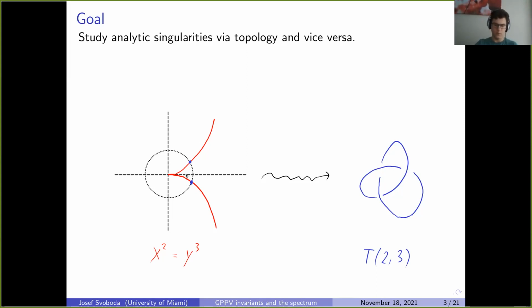So when we want to study this singularity, we can study it by analytic or algebraic methods. So we can look at the local ring and study its invariants, or we can also ask what kind of topology is there. For this we intersect.